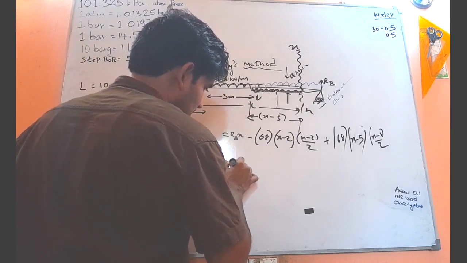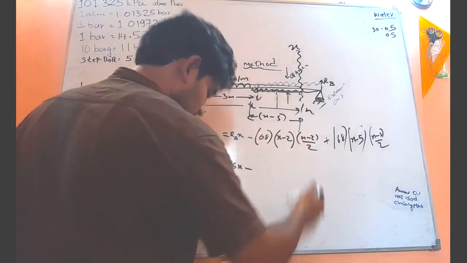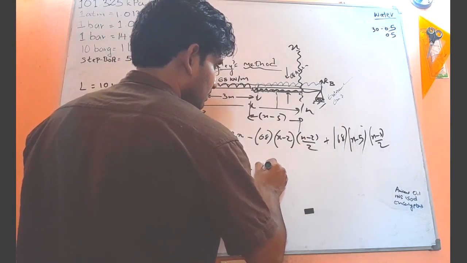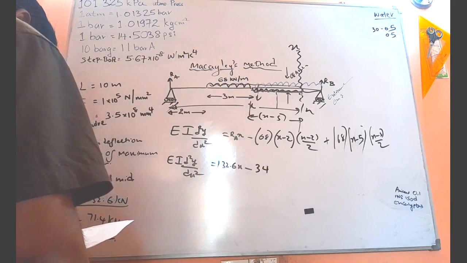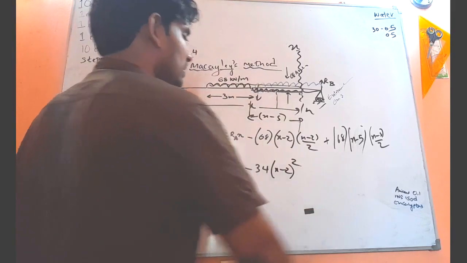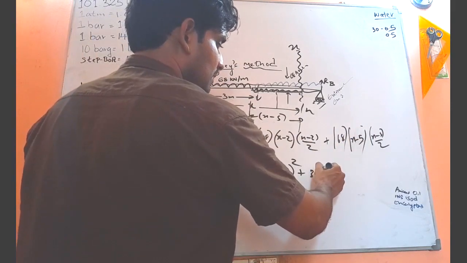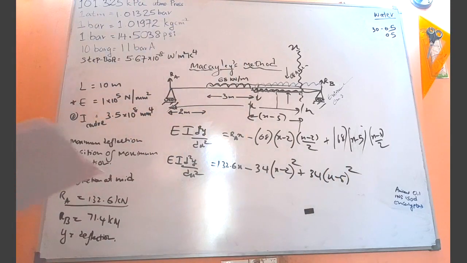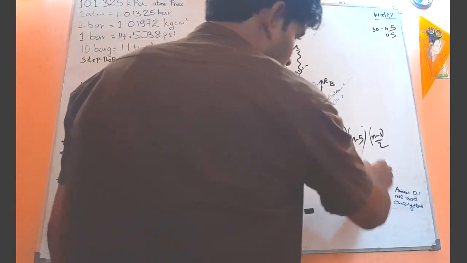So 132.6 x, minus 68 divided by 2 is 34, minus 34 times x minus 2 whole thing squared. Then positive 68 divided by 2 is 34 times x minus 5 whole thing squared. Is it correct? Yeah. So now you must know how to obtain up to this point.